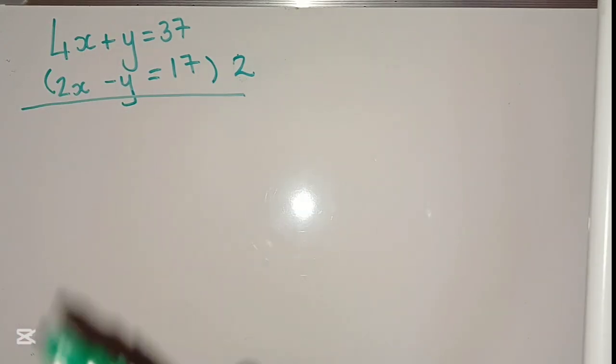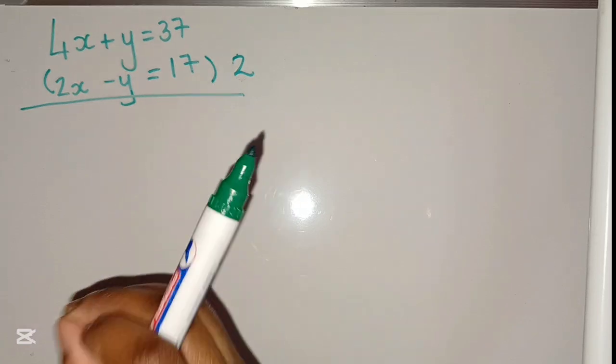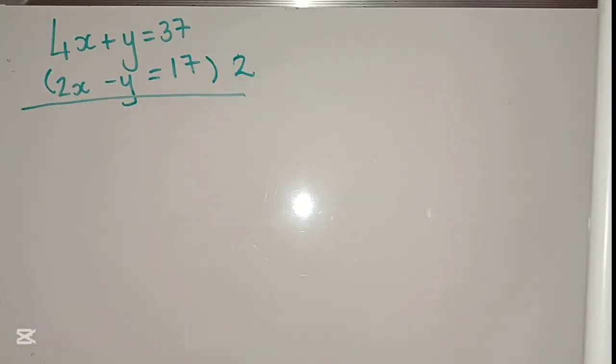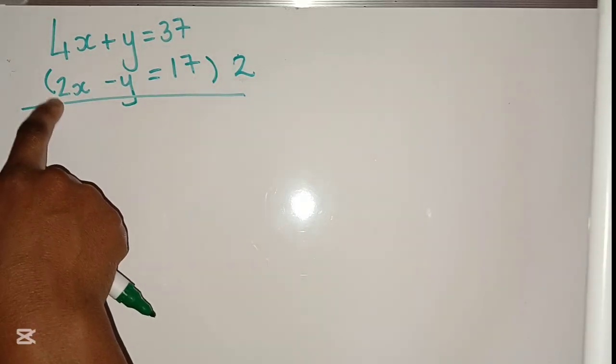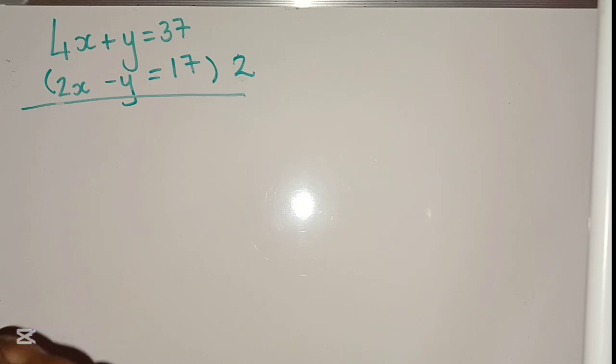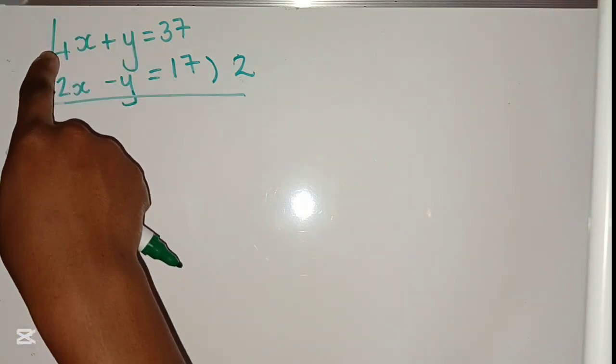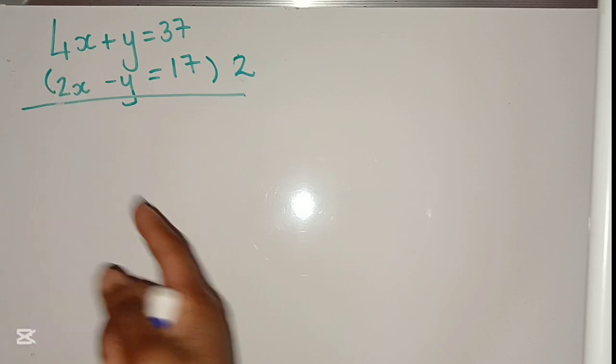The reason why I'm multiplying it by 2 is because I want to make the coefficients of x the same. I want to put a 4 here, so that if I decide to subtract, the x will disappear.